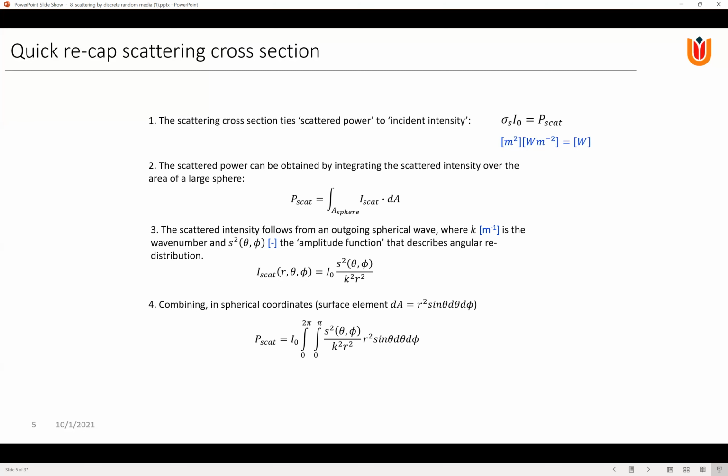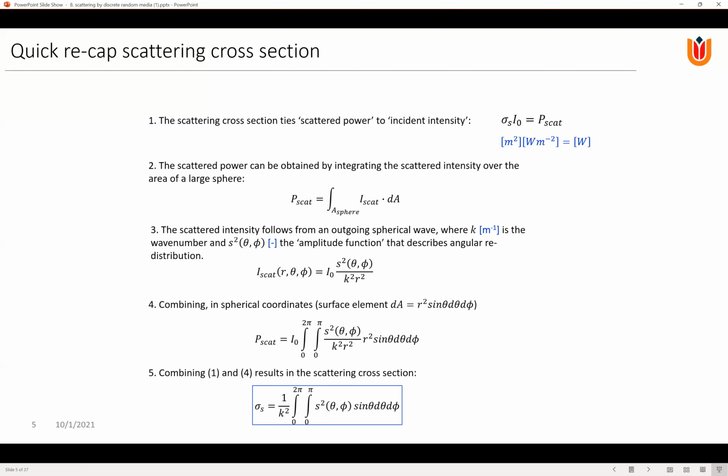We can combine these two equations and basically end up with an expression like this: scattered power, incident intensity, the S function that we do not know, K squared, R squared, and then integration over spherical coordinates. R squared runs in principle over 0 to infinity for R, but they fall out, so we are only left with the polar integrations.